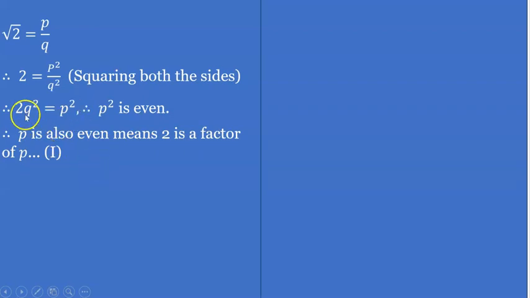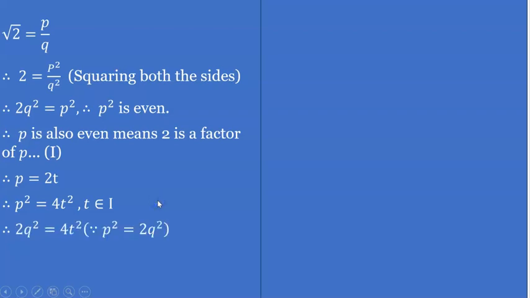As p square is equal to 2 times q square, we say that p square is even and therefore its square root p is also even, meaning 2 is a factor of p. This is the first one. Next, p is equal to 2t, so p square is equal to 4t square where t belongs to the set of integers.